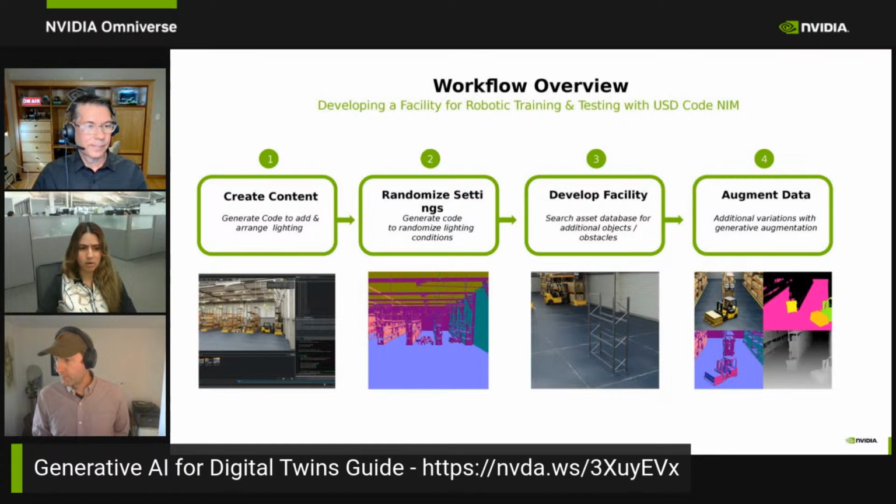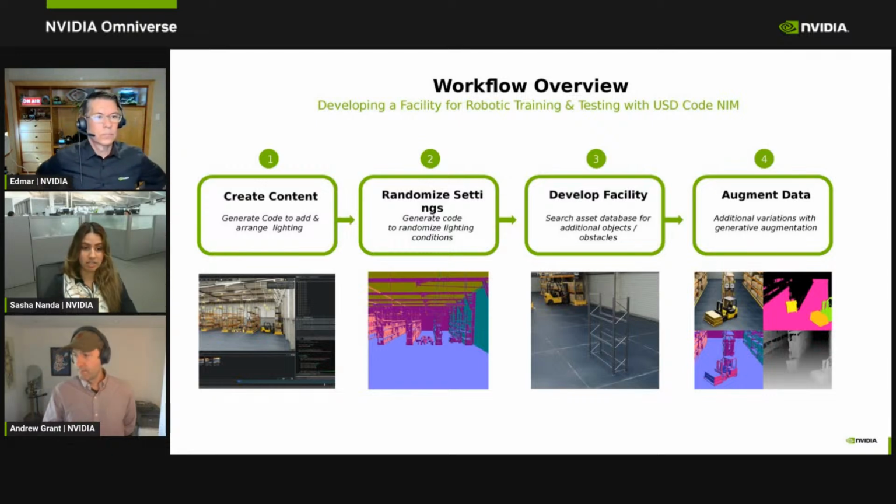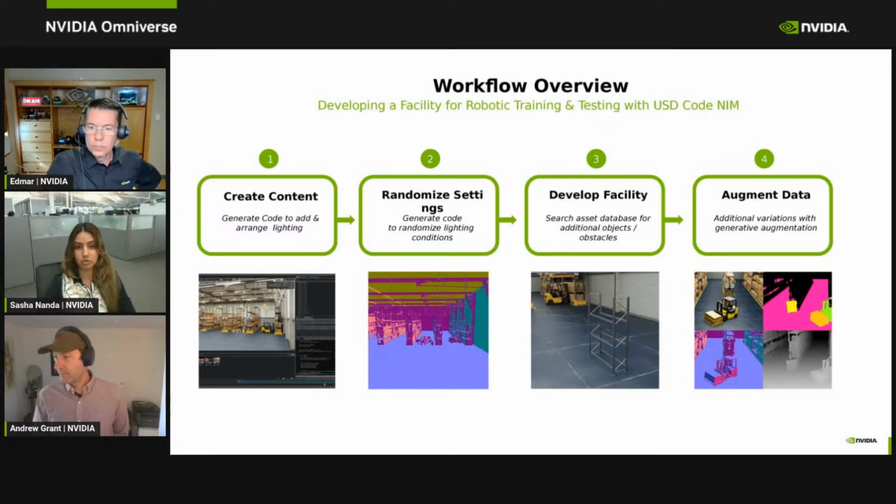I won't go too much into detail here because we talked about this last time, but just highlighting that you can use USD Code NIM to create content in Kit. You can use it to perform randomizations and do a bunch of other use cases in a virtual factory setting.